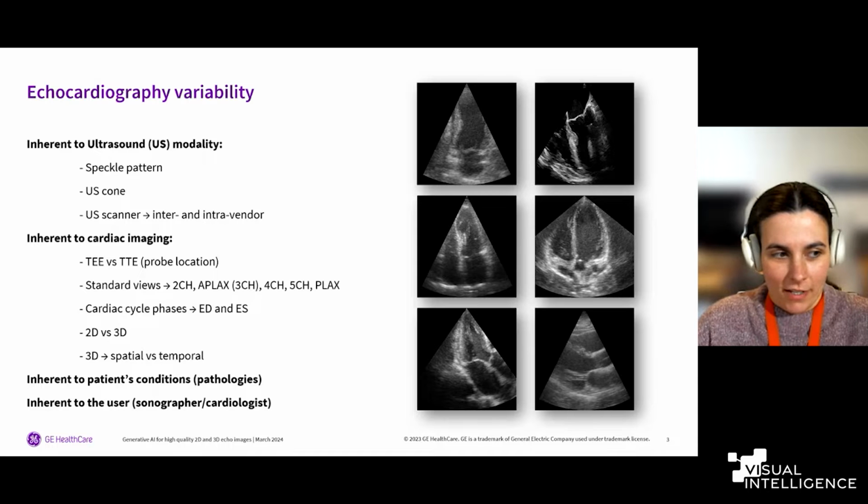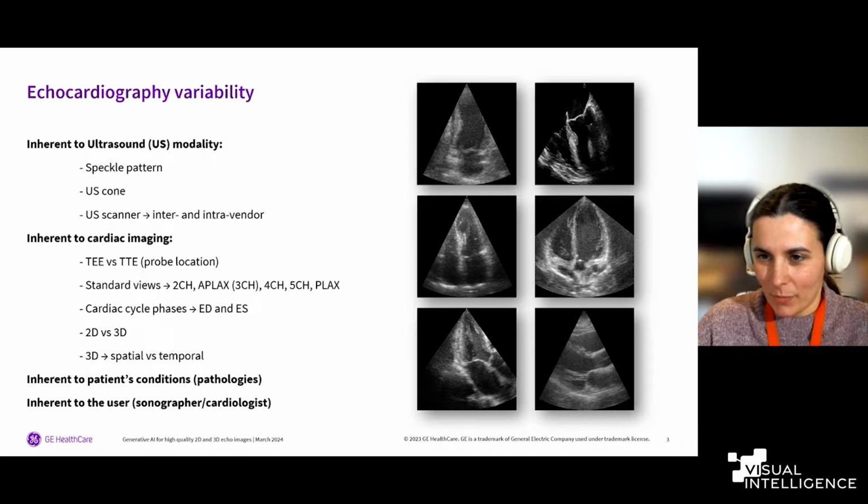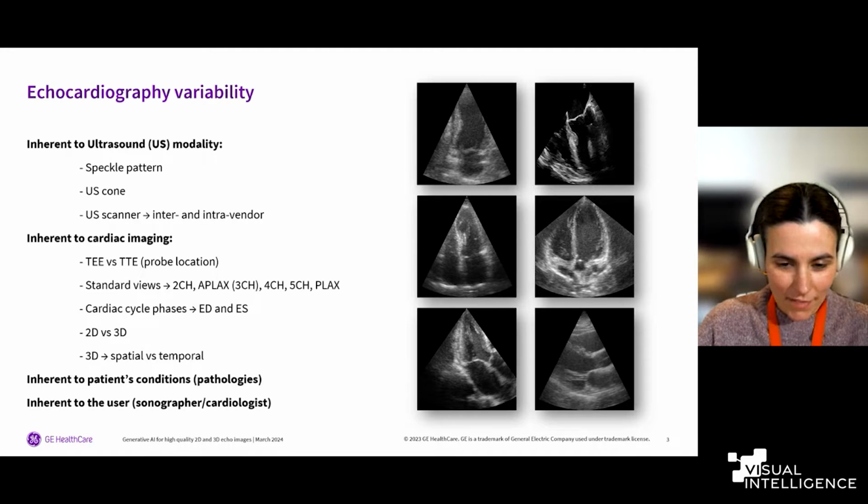And then it's also dependent on the user, because different sonographers and cardiologists place the probe in different places, even though there are guidelines. So all these sources of variability affect the problem that is well established today, which is that there is no public data set of ultrasound images.